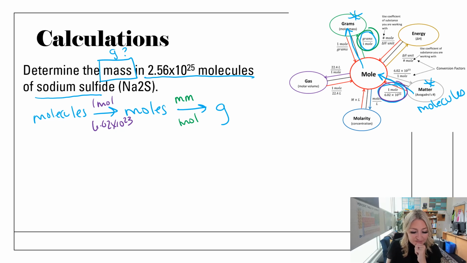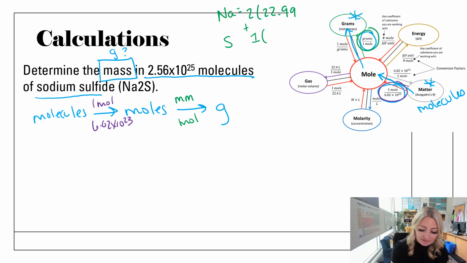The one thing I haven't done that I'm going to need to do is to add up my molar mass. I want to have that number ready before I start to get to my T-chart. So I have 2 sodium, so that's 2 times 22.99, that's off the periodic table, and I'm going to add that to 1 sulfur. 1 sulfur, looking at my periodic table, is 32.07.